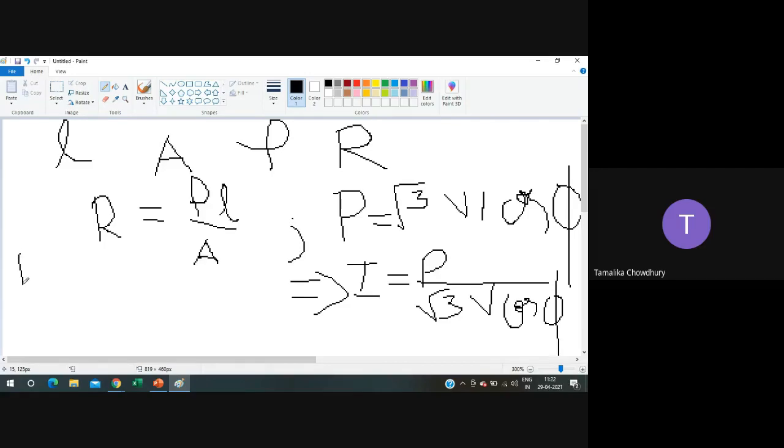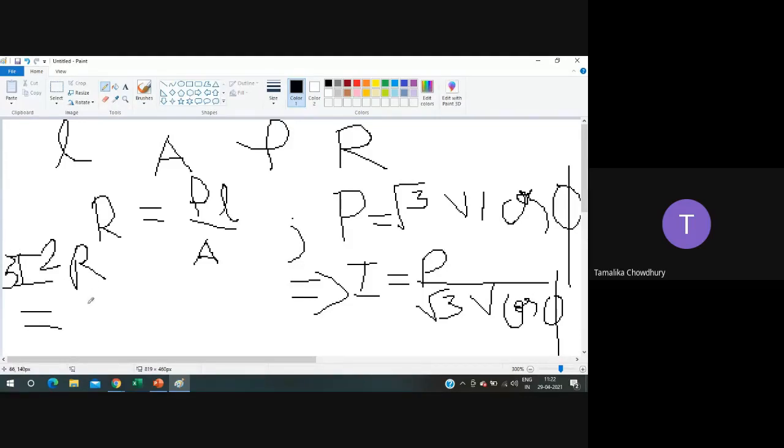First, the losses part, as I was telling you. Are you writing this down? Yes or no? Everyone, please write this down. So I square R, or rather for the three phase, it should be 3 I square R, because 3 conductors.